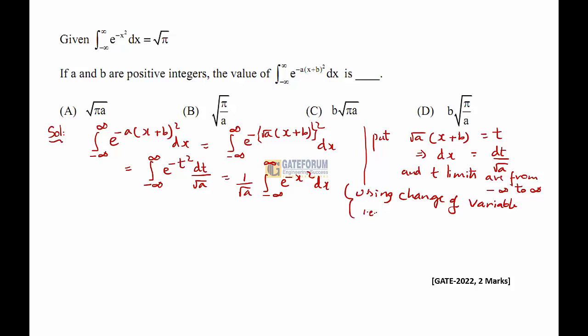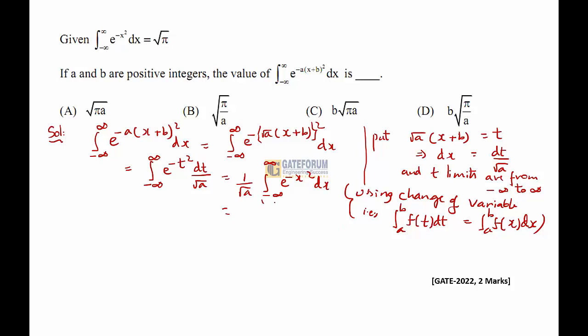That is, the integral from a to b of f of t dt can be written as the integral from a to b of f of x dx. This is the change of variable technique.